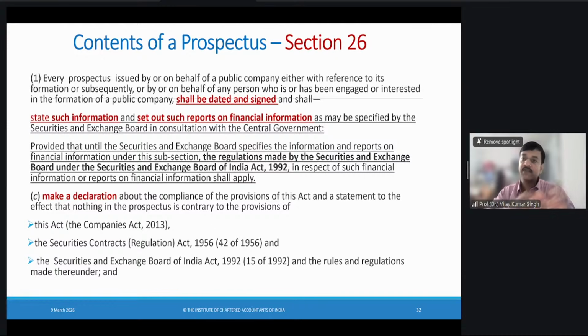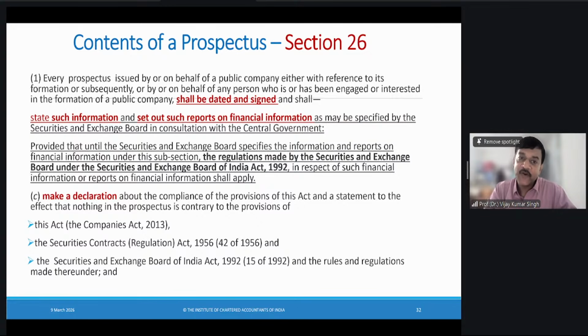So wherever you are seeing this word such, that means there has to be a specification about that such. So state such information or set out such reports on financial information as may be specified by the Securities and Exchange Board in consultation with the central government.